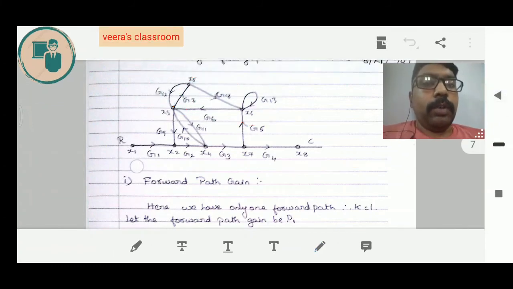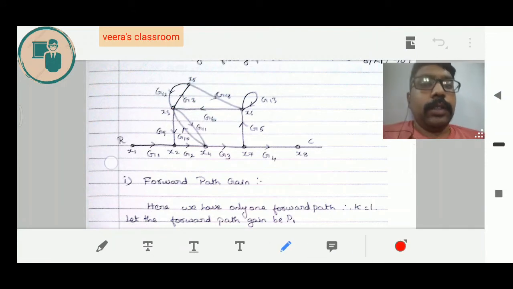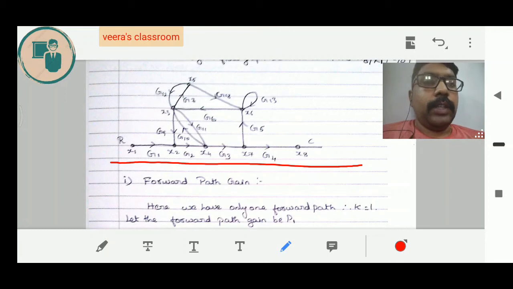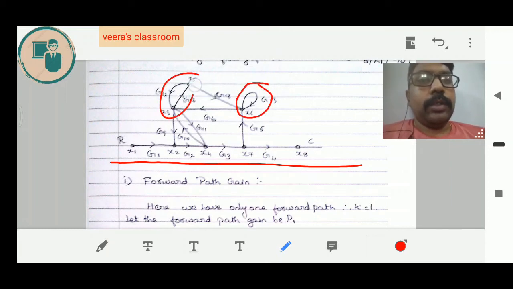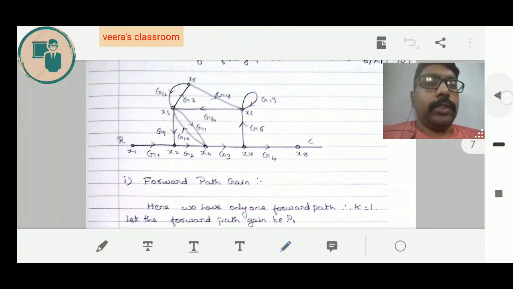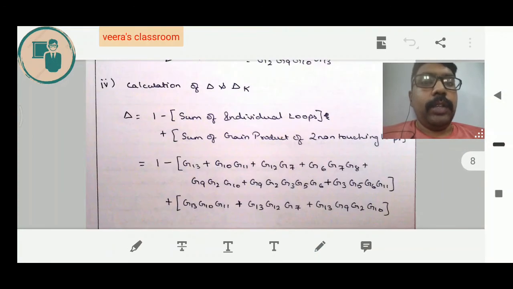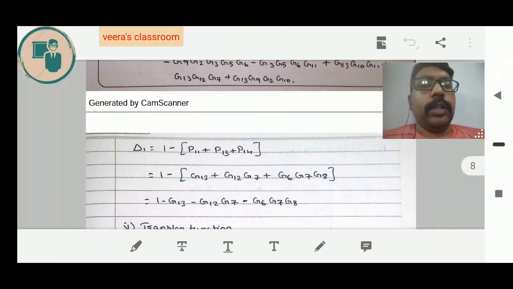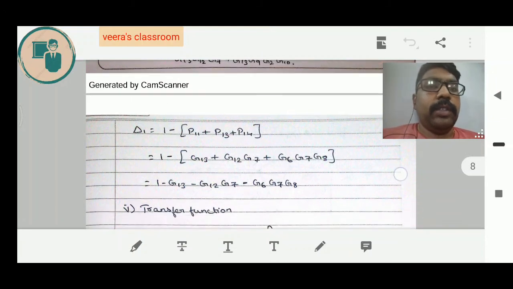So we have 3 individual loops that don't have a common node with the forward path. We add all those terms, so del 1 is 1 minus P11 plus P13 plus P14. The value of del 1 is 1 minus G13 minus G12 G7 minus G6 G7 G8.